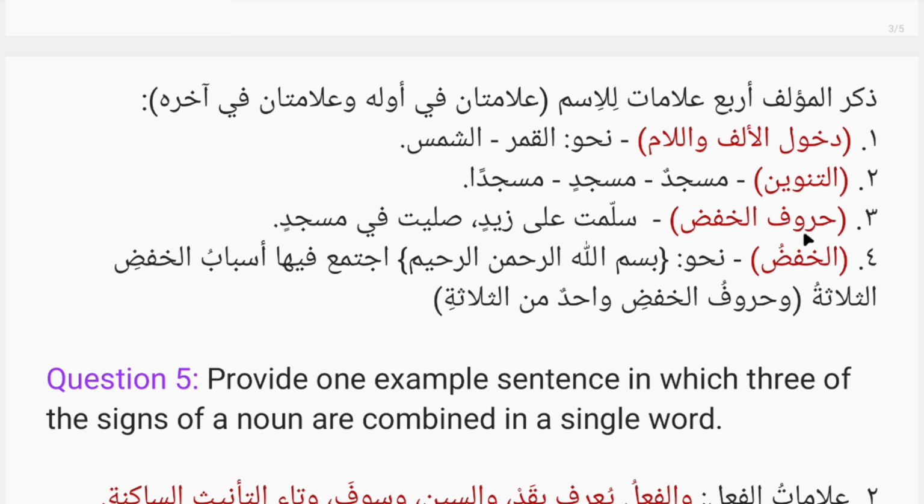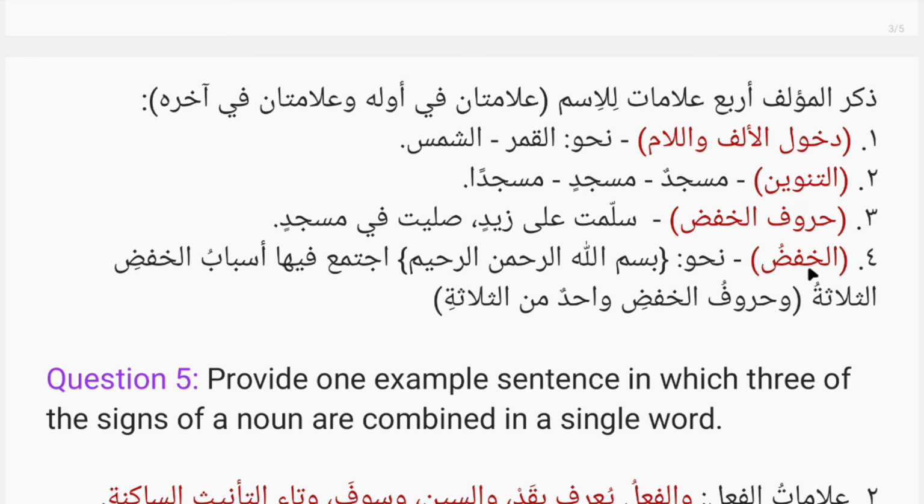So some people might get confused between these 2. Huruf al-khafd, here the sign is the harf itself. This harf preceding it indicates to you that the word here is a noun. How? Because of this harf. And khafd is when a harf jar precedes a noun, it has an effect on the noun. What effect does it have on the noun? It makes it majroor. So the case ending is what is being referred to here as al-khafd.